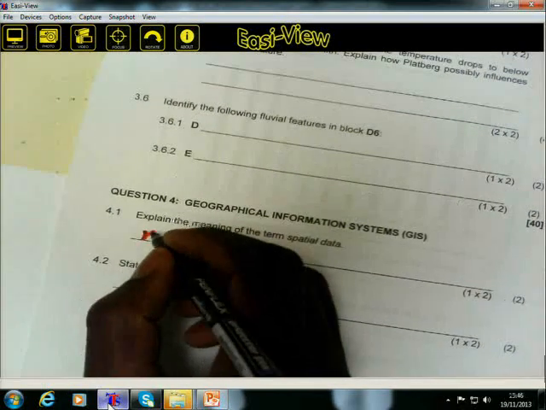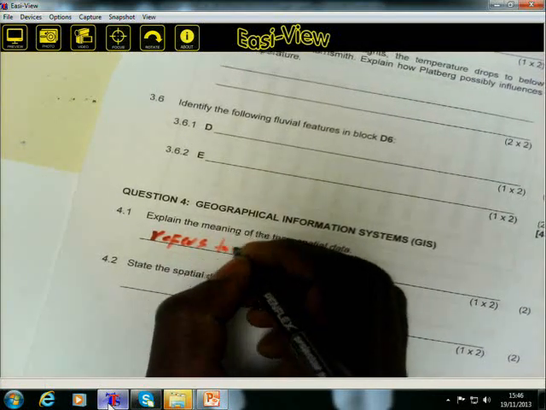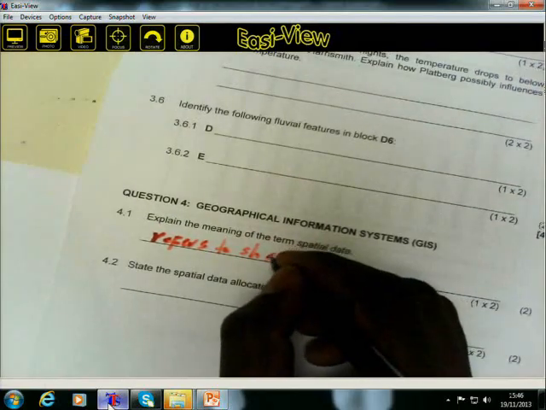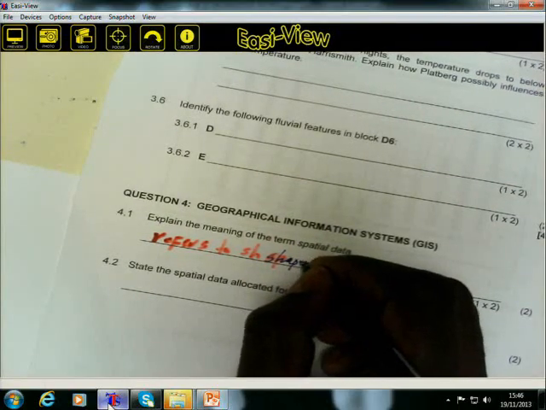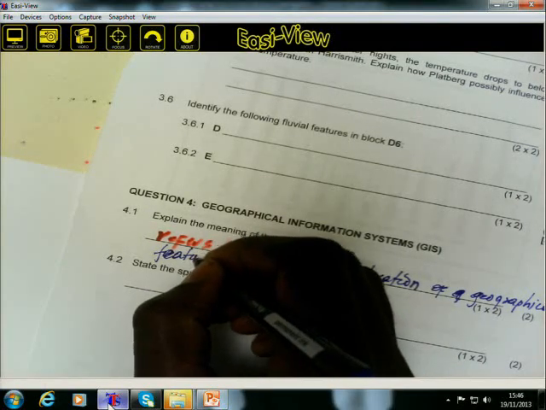Spatial data is data that refers to the shape and the location of a geographical feature, using your own coordinates.